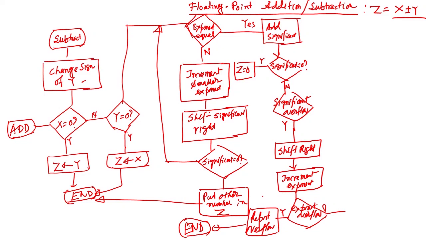So, now the exponent is not overflowed, then the result is there. Now, you have to normalize the result. There may be a chance that we have a result like 0.09, but not overflow. So, if it is no, then we have to normalize.